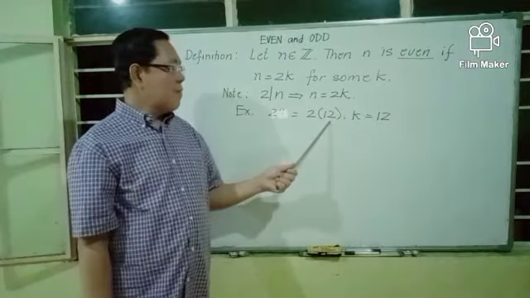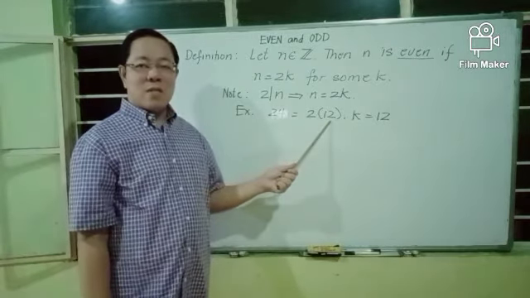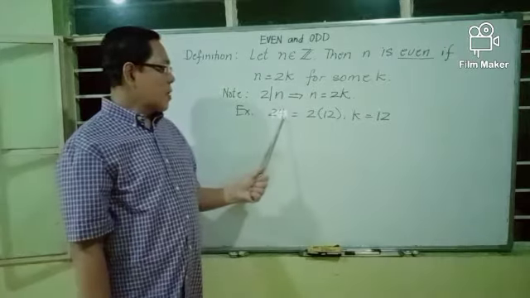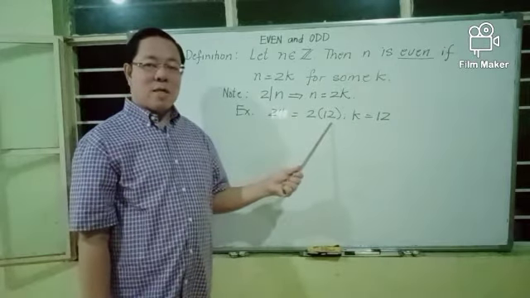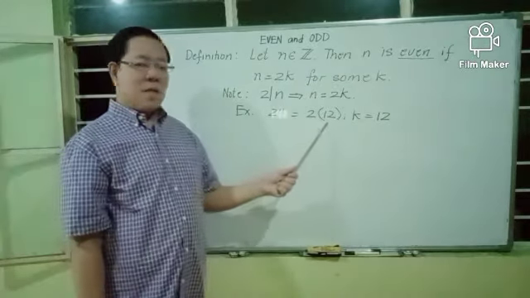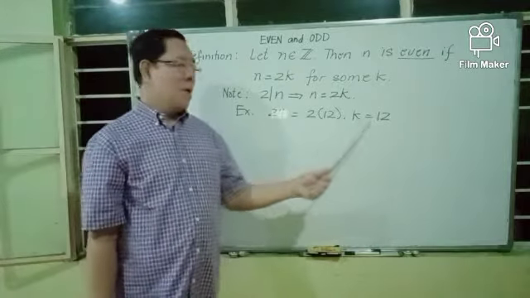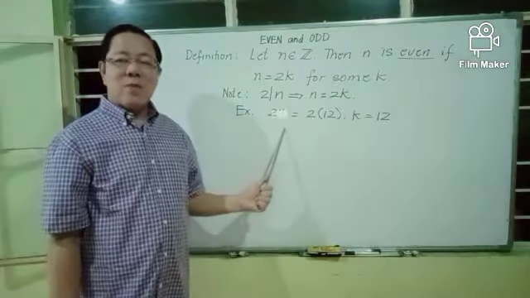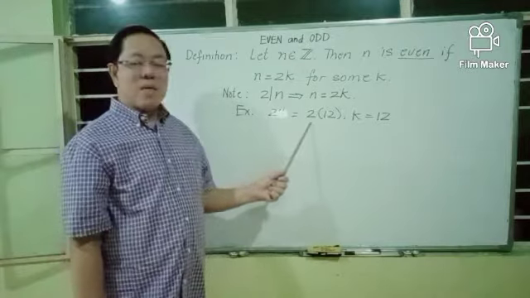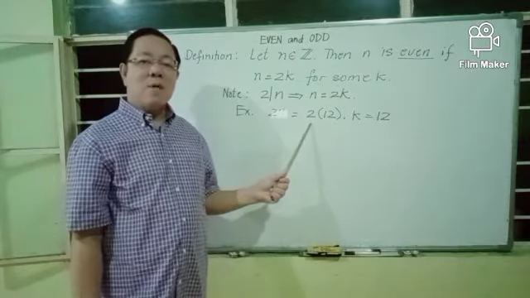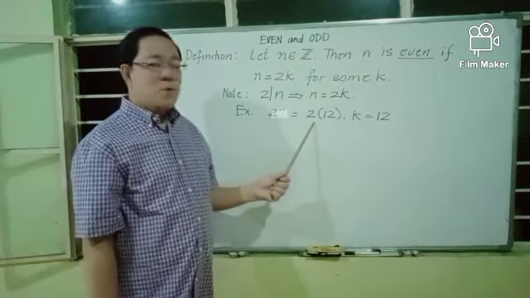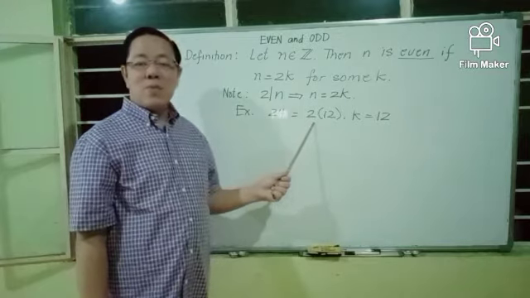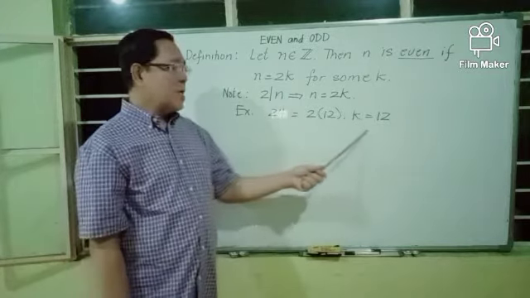And in this example, the integer is 12. If you write 24 equals 2k, then divide both sides by 2, you will get k equals 12. Therefore, the integer 24 is an even number because it can be written as the product of 2 and k, where k is equal to 12.